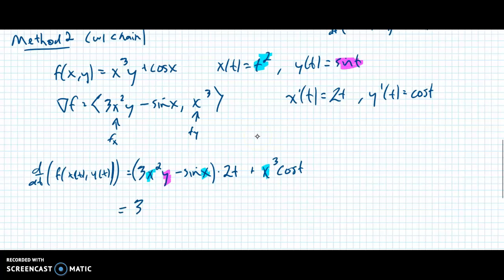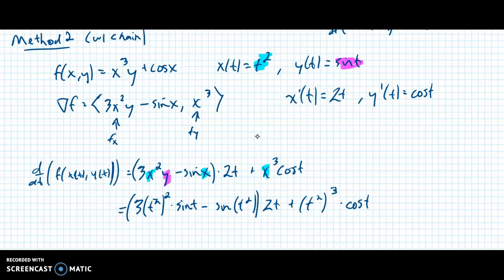So it is 3 times t squared, squared again, times sine t, minus sine of t squared, all that times 2t, plus x cubed, x is t squared cubed, times cosine t.